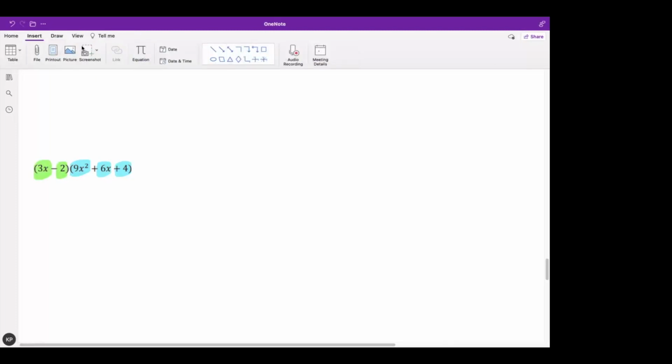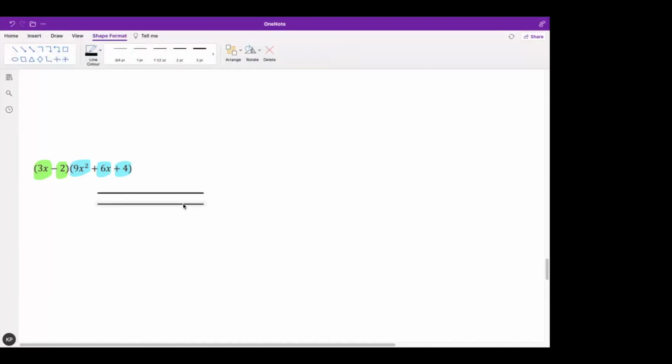Oh, okay. So I want to show you that even though the block method is tedious sometimes, it is very useful for days like this.